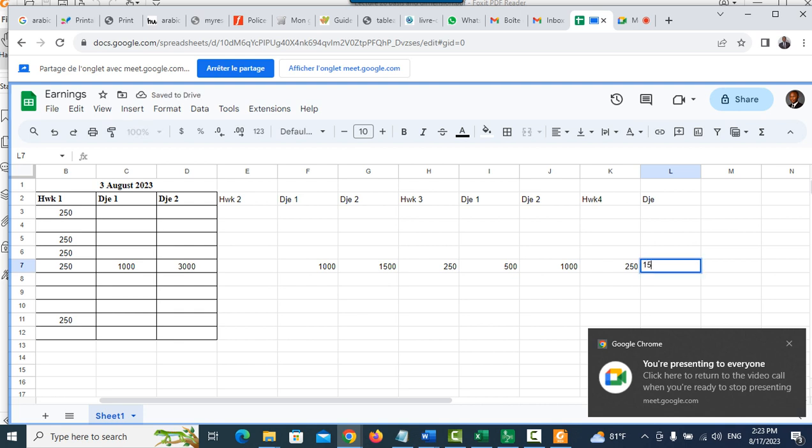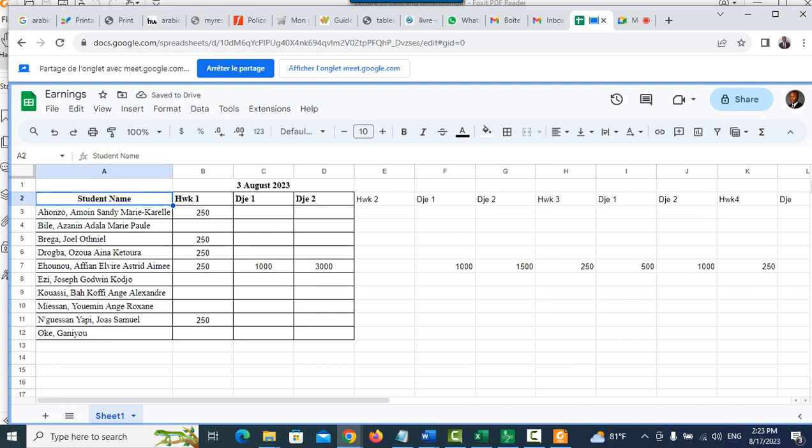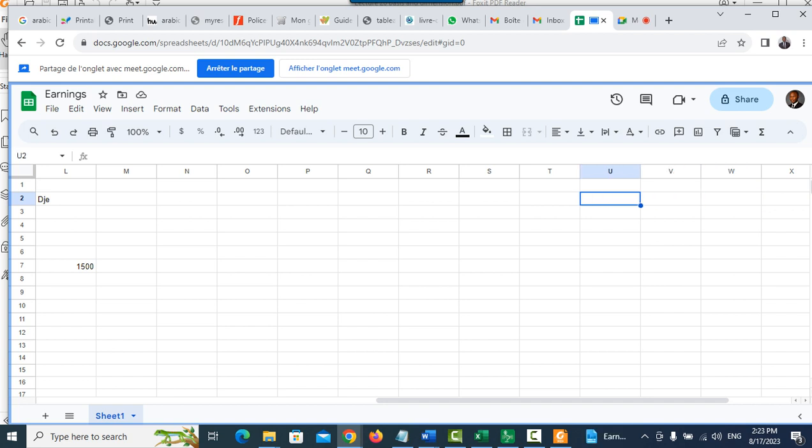Here today you want this amount. Alright, so every time you do, for example, the homeworks, the price for that is 250 francs CFA. Now there are some small challenges that we have during the class called the J. So that's the J that we just did, and from that J she won 1500 francs CFA.